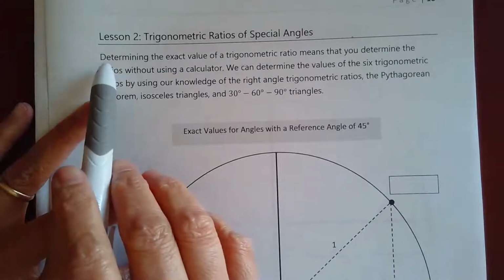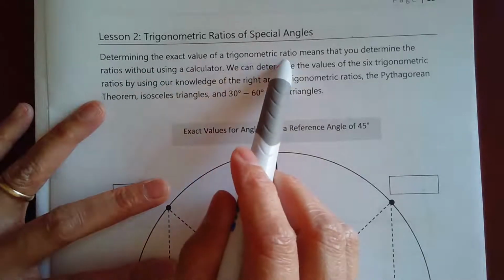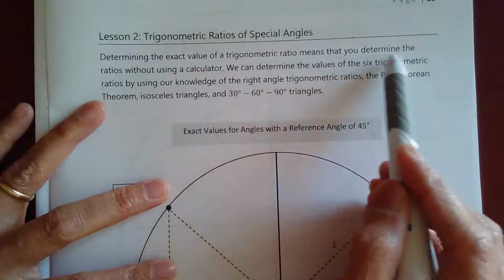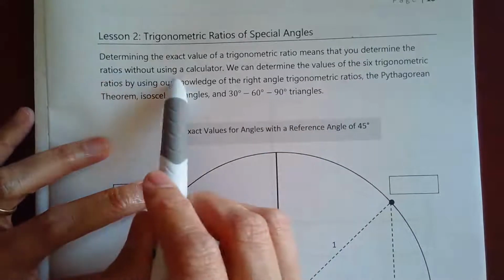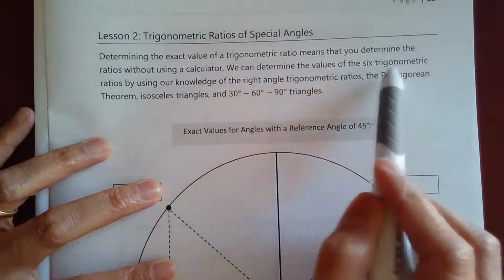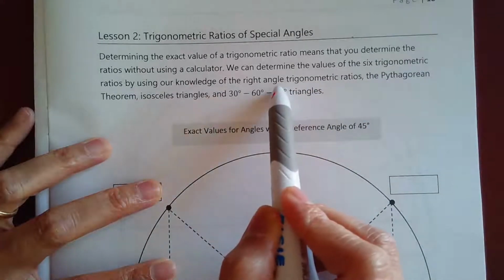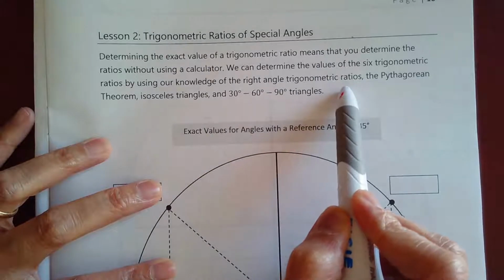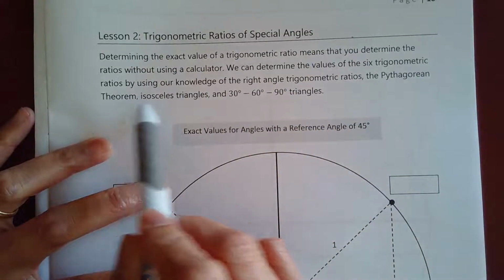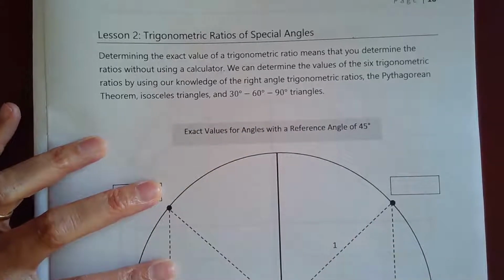It says here, determine the exact value of a trigonometric ratio means that you determine the ratios without using a calculator. We can determine the values of the 6 trigonometric ratios by using our knowledge of the right angle trigonometry ratios, the Pythagorean theorem, isosceles triangles, and 30, 60, 90-degree triangles.